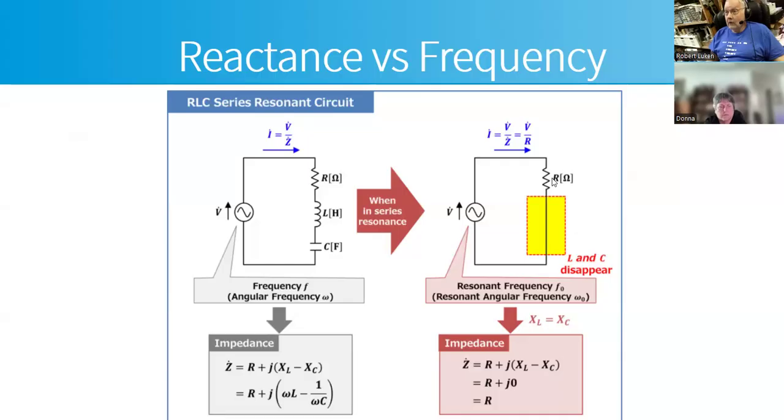And if R is low, your impedance is going to be low. As you keep increasing frequency, your reactance starts going up again because X sub L starts becoming larger than X sub C. So you see a curve where you have a dip at resonance and then it goes back up.